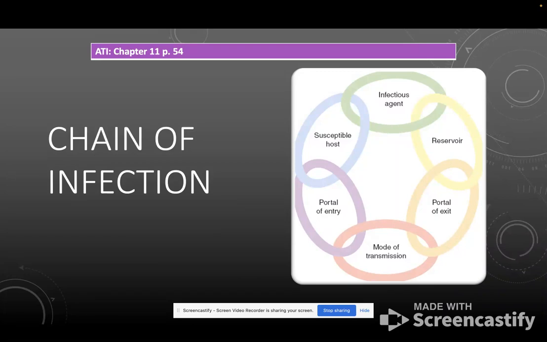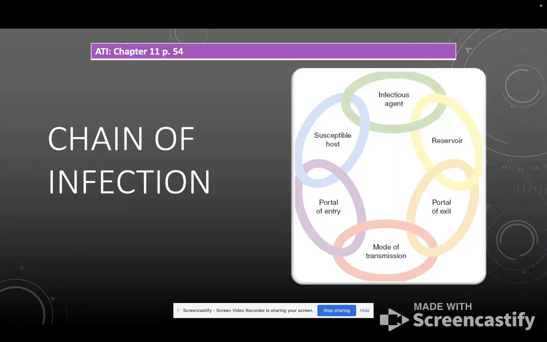Then you have to have a portal of entry, and that's how it's going to get into the body. In the healthcare setting, we typically have things inside the body that shouldn't be there that we put there, such as an IV or a catheter.